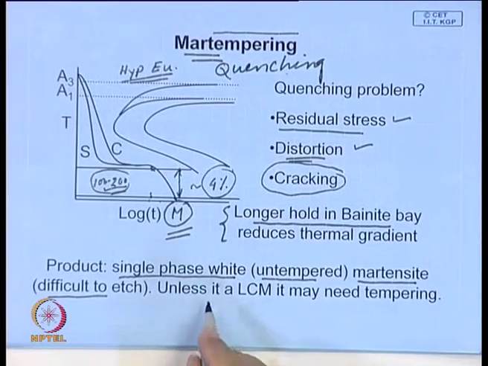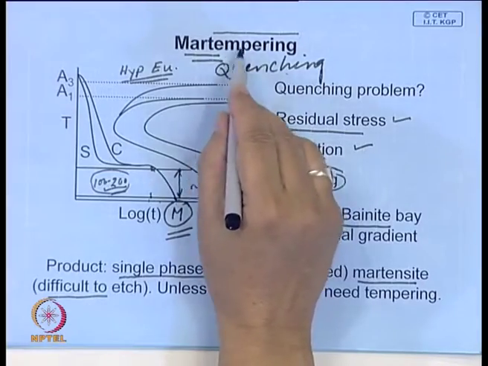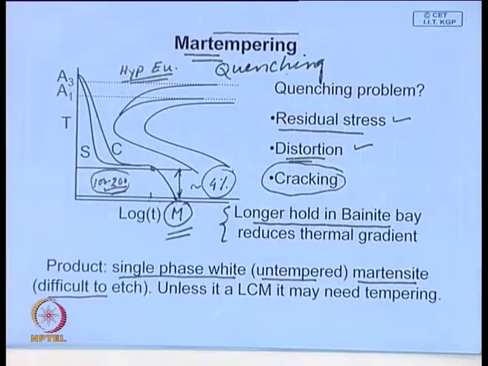But after that, it appears that you combine the treatment with a tempering. It looks like if you do not have residual stress you do not need to temper, which is not always true. Maybe if it is a low carbon steel, you may forego that, tempering may not be necessary.